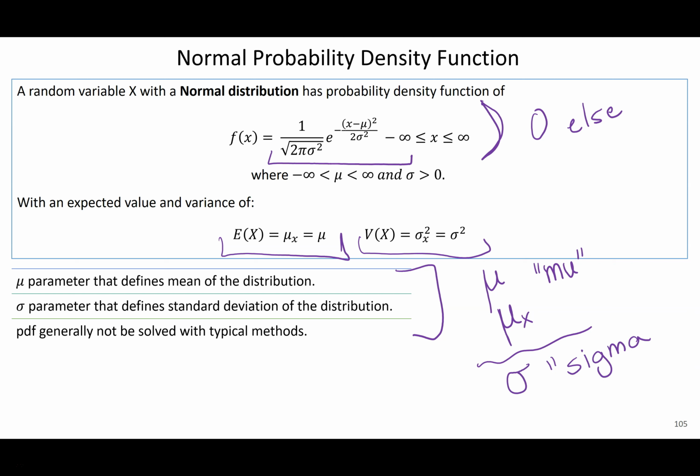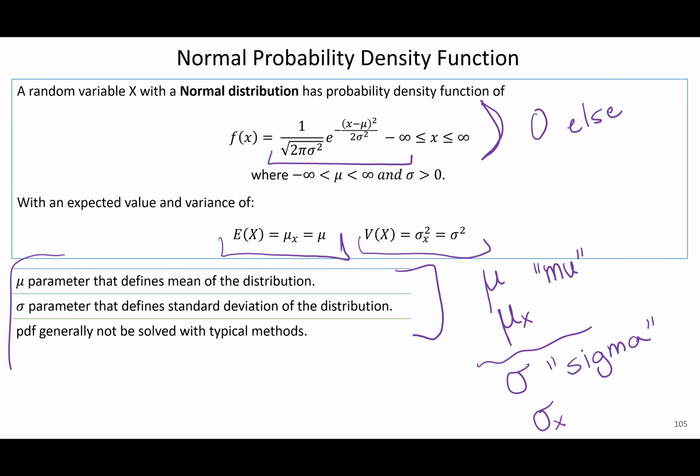Like I said, with I think the exception of the uniform distribution, most of the time when we have parameters to describe the shape, scale, location, whatnot of a distribution, usually we will use Greek letters for this. And once again, I might say sigma of x. Just know if I say sigma of x, I'm just saying, hey, the standard deviation of the random variable x.